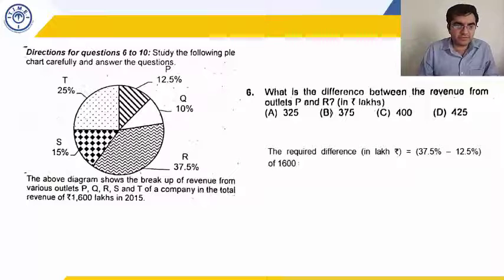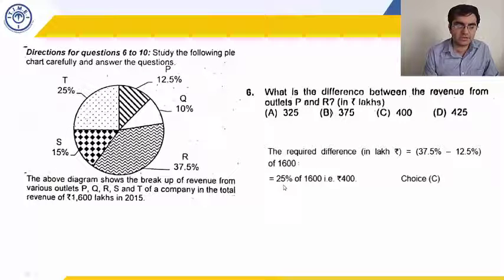See, you need the difference in revenue from outlets P and R. So R is 37.5%, P is 12.5%. So the difference becomes 25%. 25% of total 1600. 25% is 1 by 4 of 1600, which is 400 lakhs.